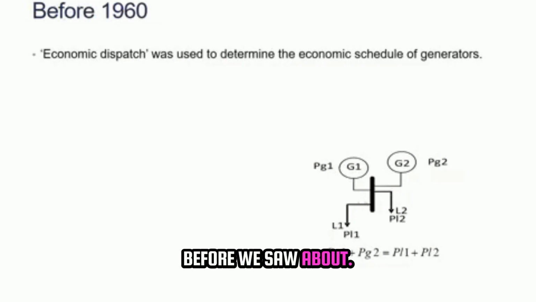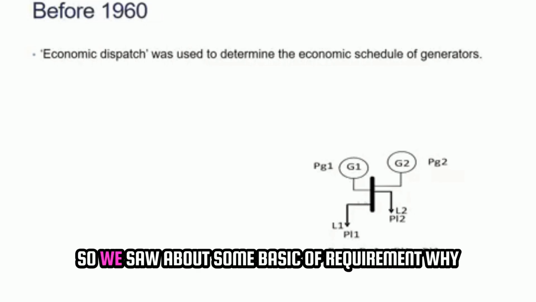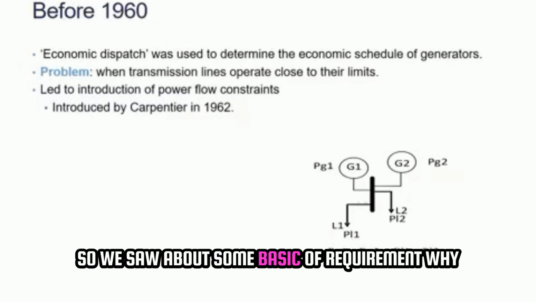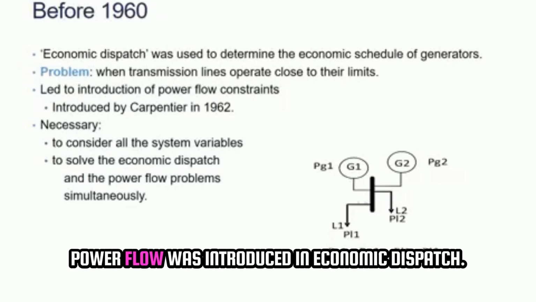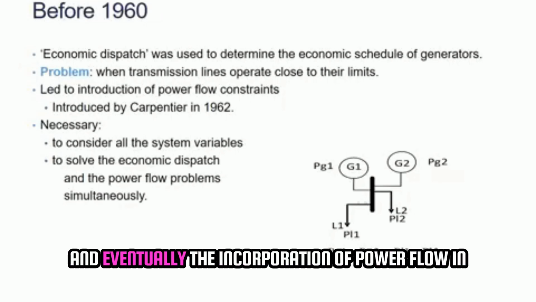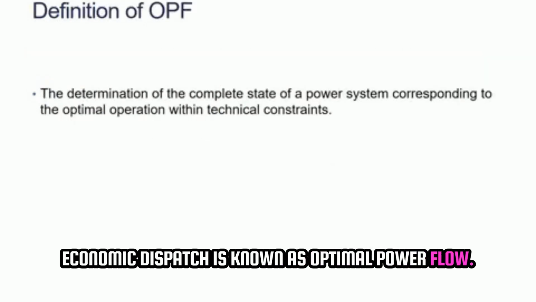So we saw some basics of the requirement for why power flow was introduced in economic dispatch, and eventually the incorporation of power flow in economic dispatch is known as OPF, or optimal power flow.